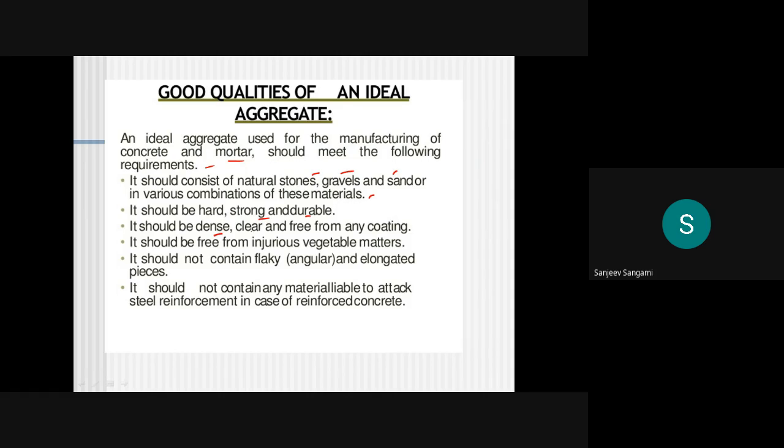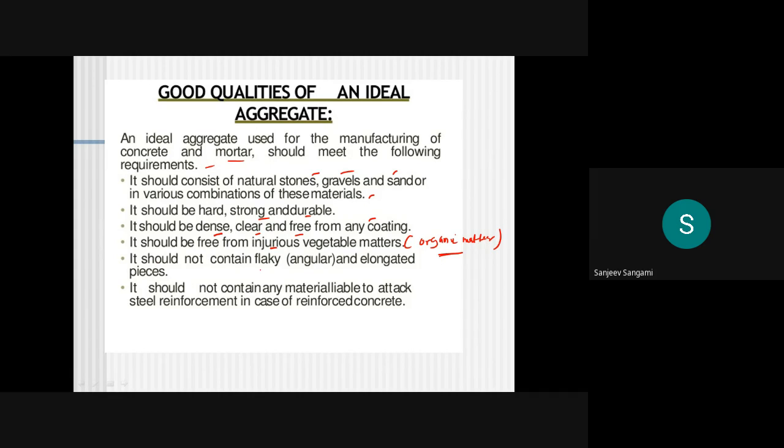It should be dense, clean and free from any coatings. No coating should be there. It should be free from injurious vegetable matter, meaning organic matter should not be there. Any biodegradable part should not be deposited on the aggregates.